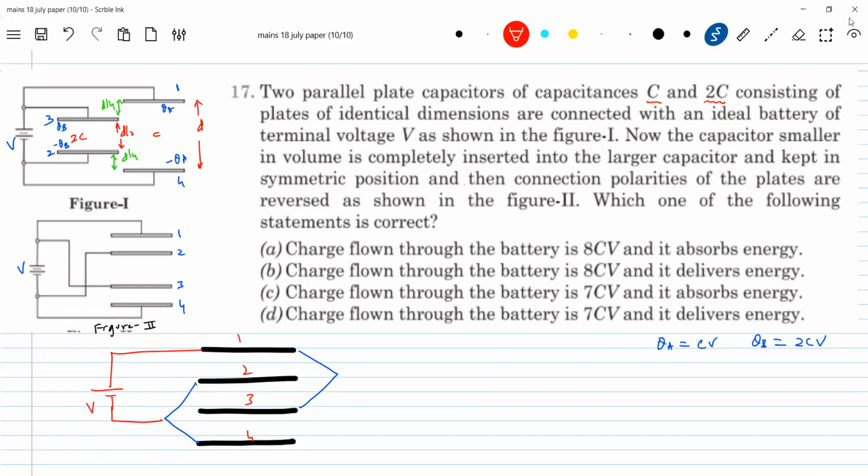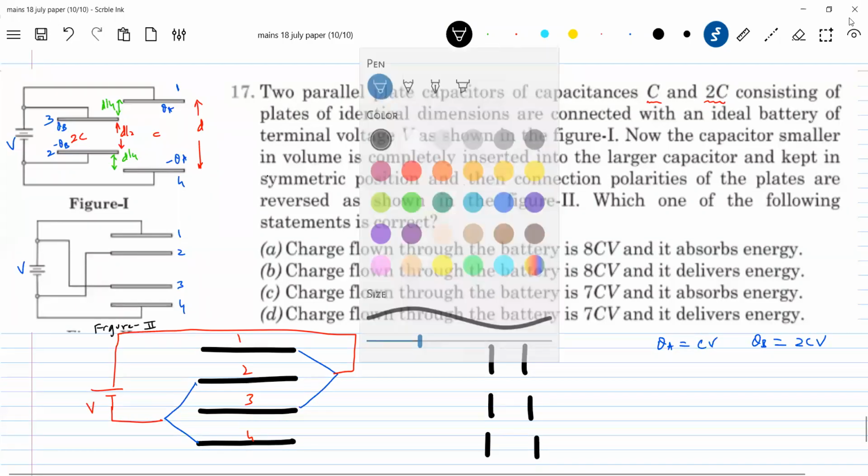So if you want, you can bring this connection here, this wire. Yeah, okay, fine. Look now here. So still more simplified diagram. You can go for it like this, and give the numbering for the plates.